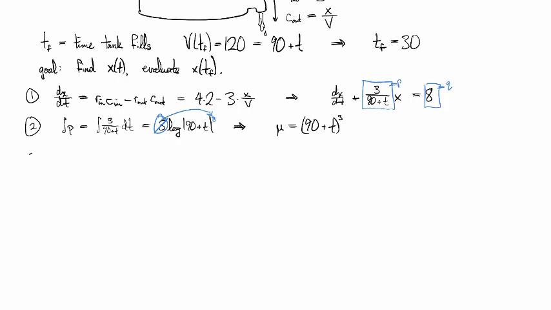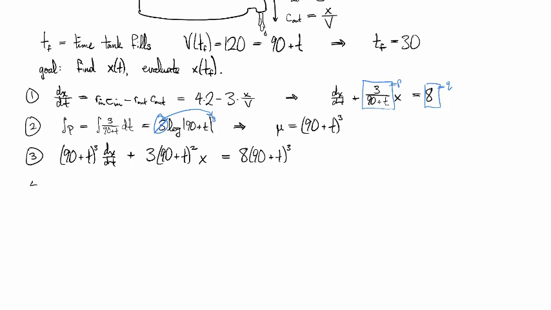Now I multiply our equation across by this, so I have 90 plus t quantity cubed times dx dt plus 3 times 90 plus t quantity cubed, but I've got one in the denominator as well, so that's just going to be squared, times x, and this is going to equal 8 times 90 plus t quantity cubed.